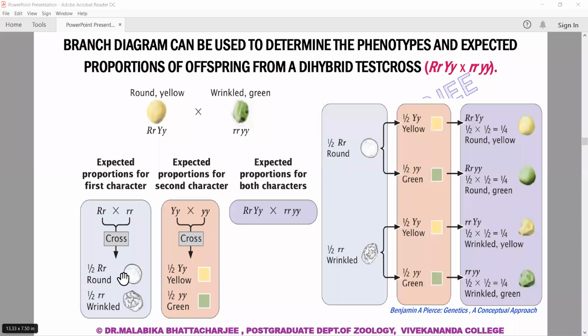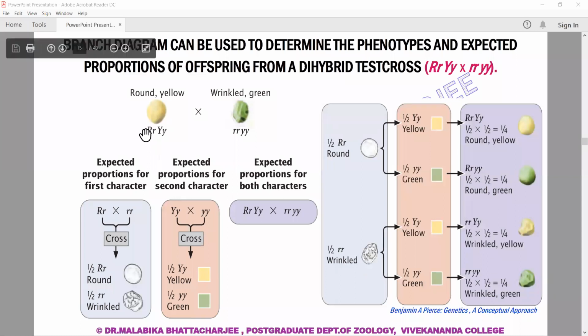For the wrinkled also we multiply with both the yellow and the green variants. Half wrinkled seeds into half yellow seeds is equal to 1/4 wrinkled yellow seeds, and half wrinkled seeds into half green seeds, 1/4 wrinkled green seeds.